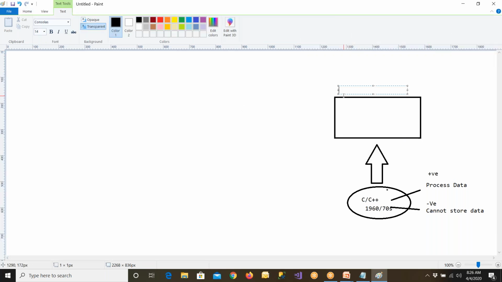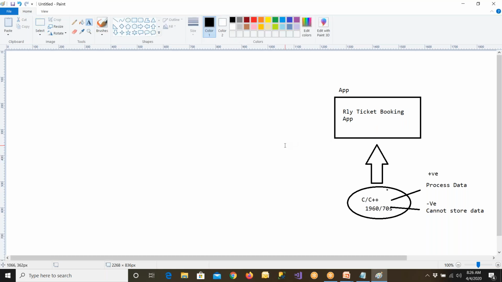This is a small computer application, a railway ticket booking application. Anybody can easily book train tickets using this application. Am I clear? It is a computer-based application, developed and given so anybody can easily book train tickets.